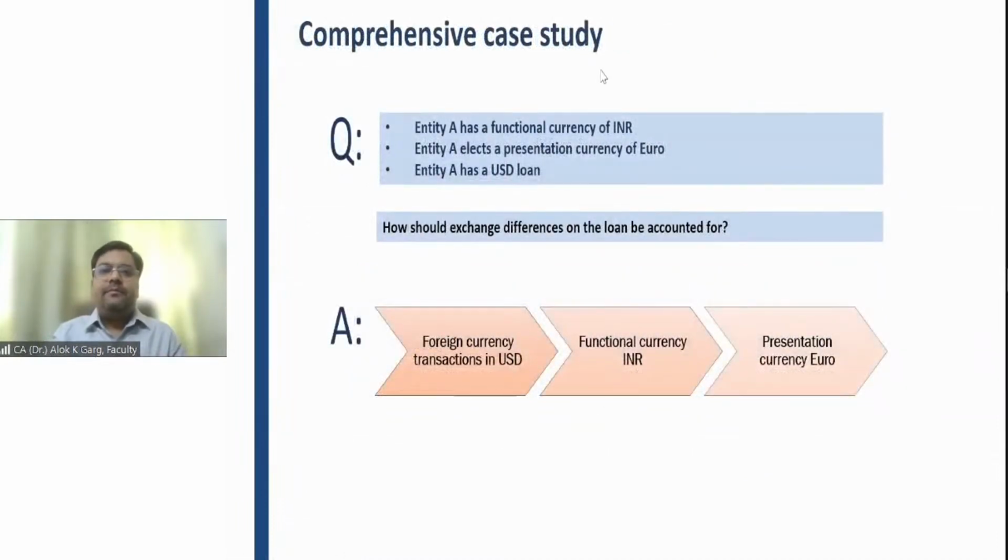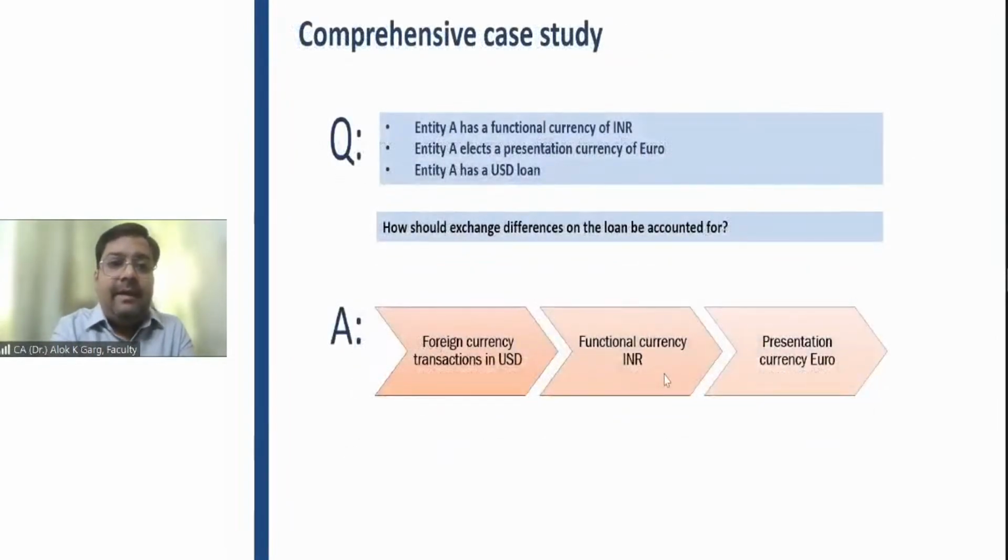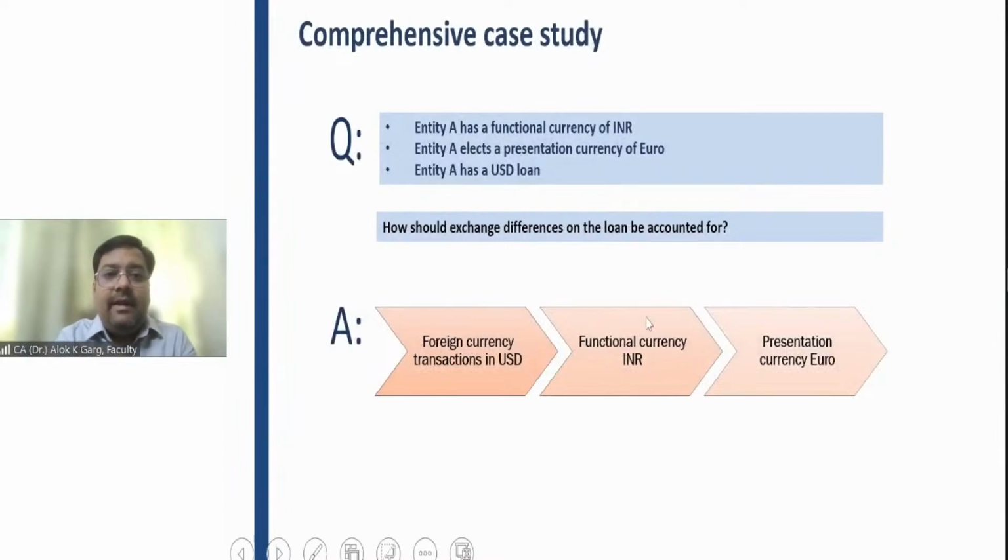Friends, let's discuss this. Entity A has a functional currency of INR. Entity A elects a presentation currency of Euro. Entity A has a US dollar loan. What is the functional currency?